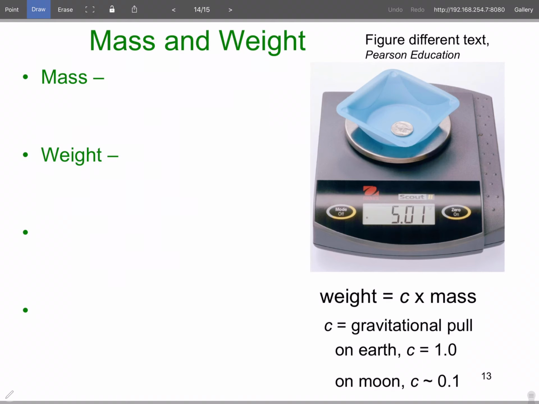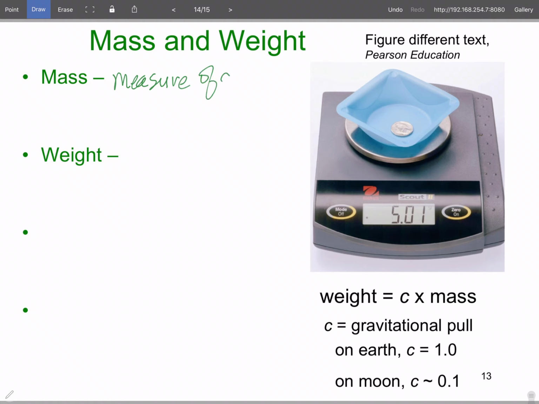The next scale is mass and weight. And mass and weight are the same, but they're different. What does that mean? Well, mass is the measurement of the amount of matter in an object.